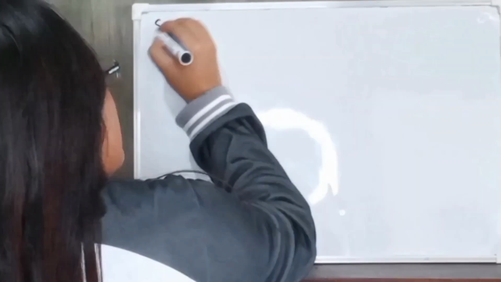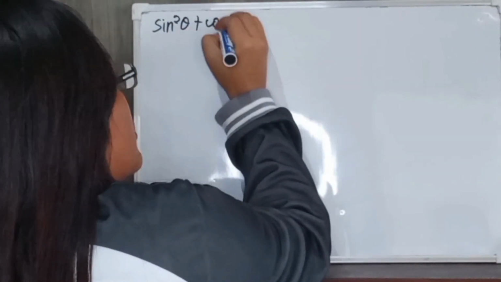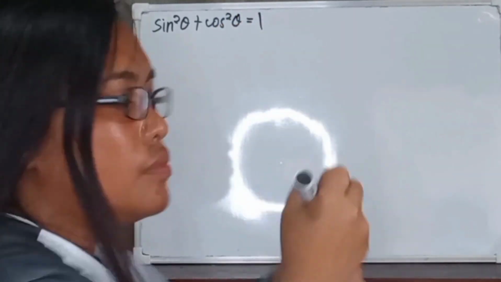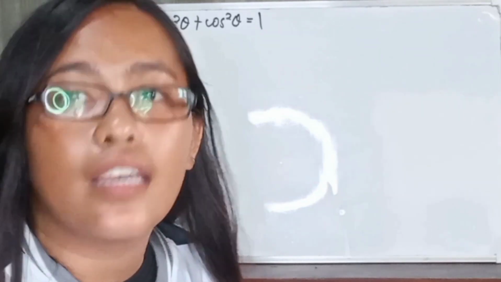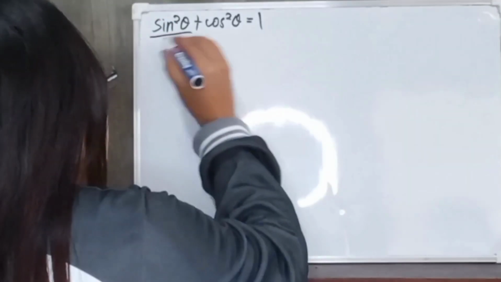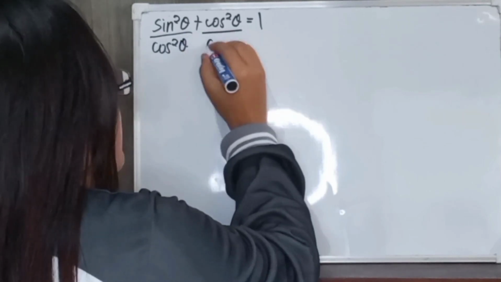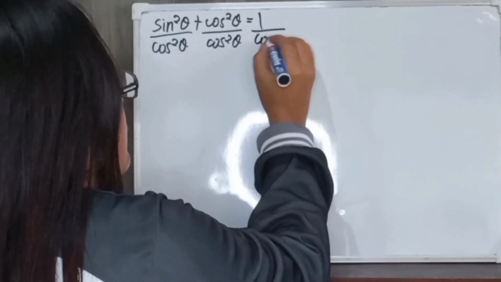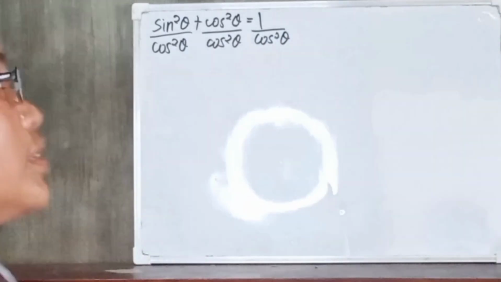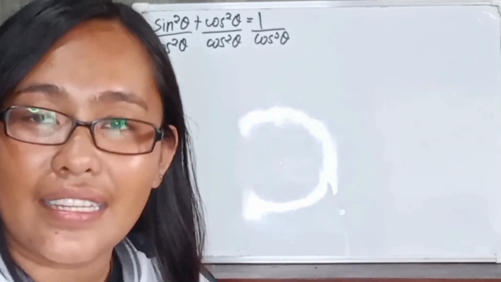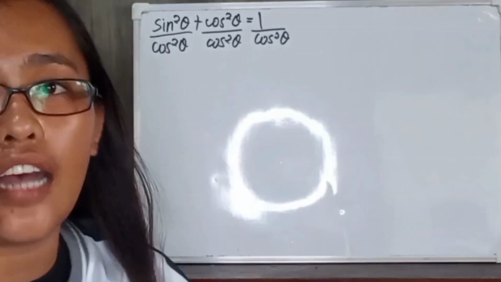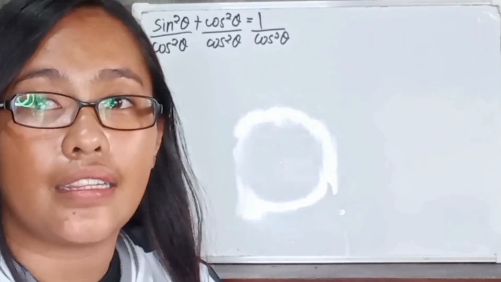So, to derive the second form of the Pythagorean identities, let's start with sine squared theta plus cosine squared theta is equal to 1. And let's divide everything by cosine squared theta. And now we have sine squared theta over cosine squared theta. Remember that in quotient identities, sine theta over cosine theta is equal to tangent theta.